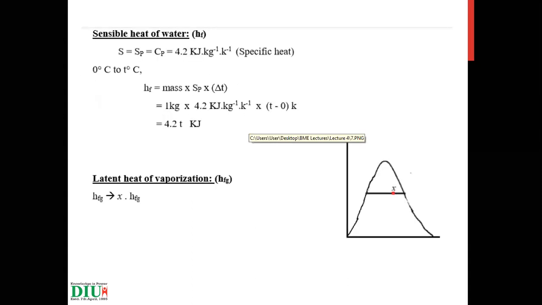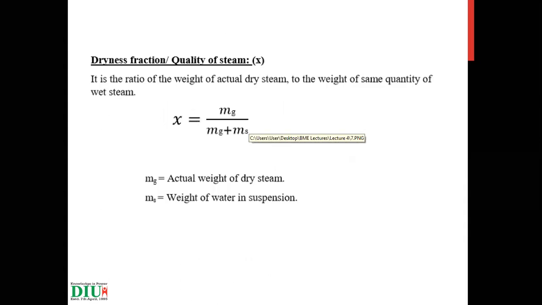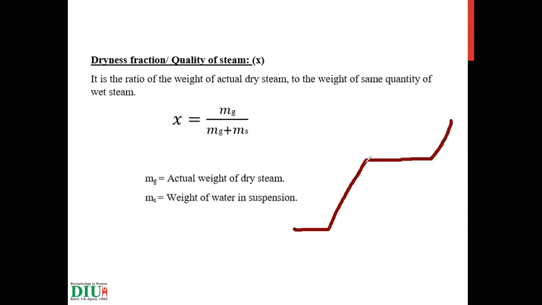So before going there, there are some parameters we need to know. One is dryness fraction, a very important parameter. I will draw the stage one more time and give you the difference between wet steam, dry steam, and superheated steam. Okay, these are the 3 points I denoted. So this is the stage, this is the water, the boiling point water, and this is the boiling point steam, my student.